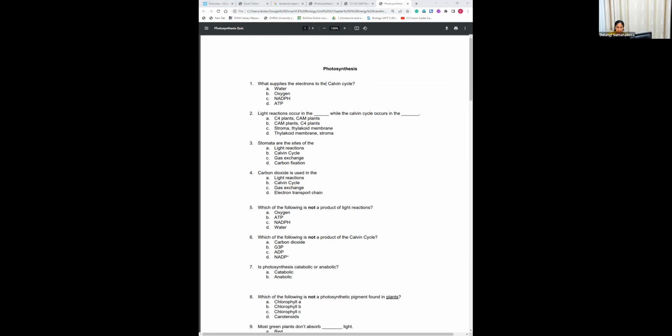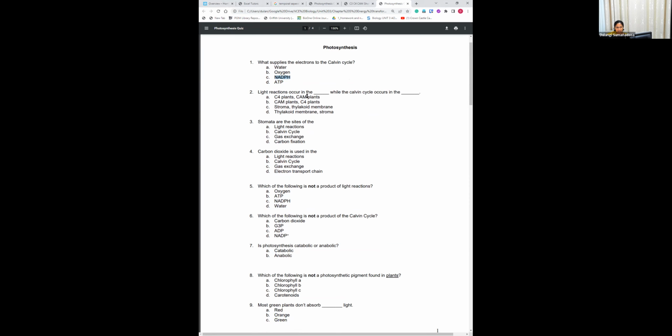What supplies the electrons to the Calvin cycle? It is NADPH, right? It is a coenzyme dropping the high energy protons or electrons into the electron transport chain. So NADPH is the answer.